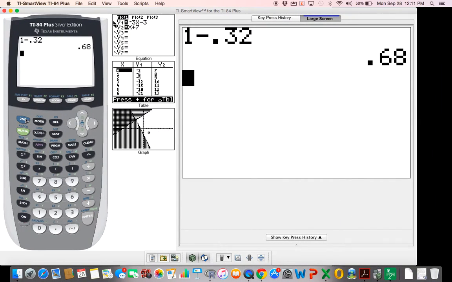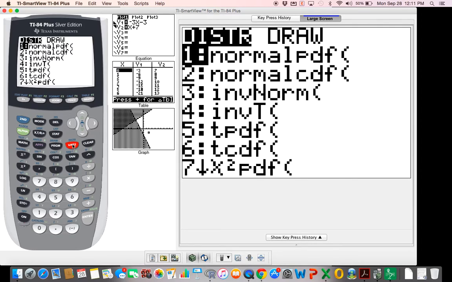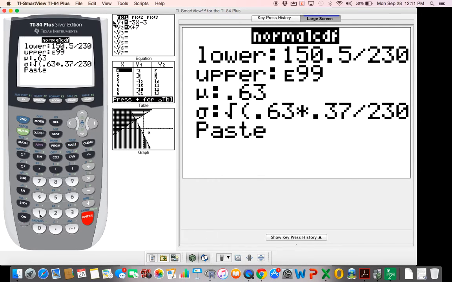Now, for those of you with the other kind of calculator, let me get out of this and show you what happens there. We go second function, distribution, normal CDF. I look at the upper bound, up to E99. The mean is 300 times 0.32.